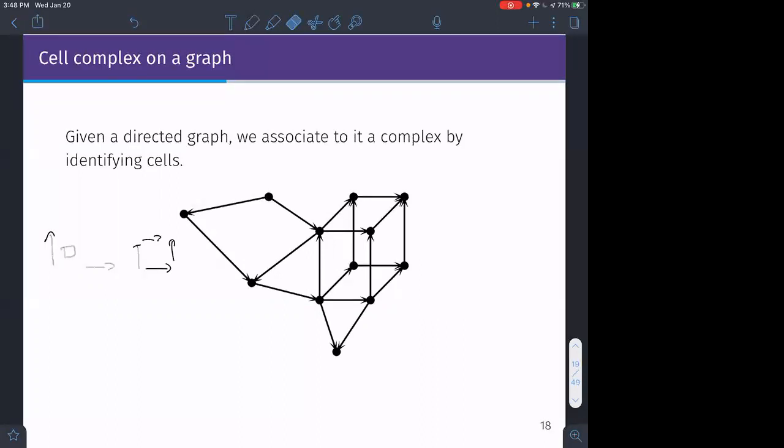So maybe I'll do an example here. If I wanted to do all of the three-dimensional cells, what I have to do is partitions of 3. So I can do 3 as 3, 0, 2, 1, 1, 1, 1.